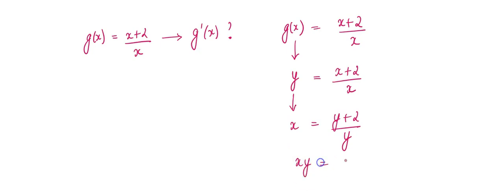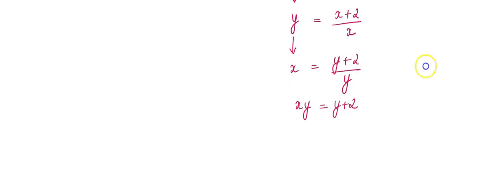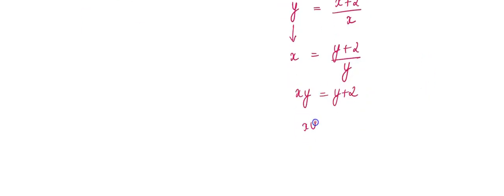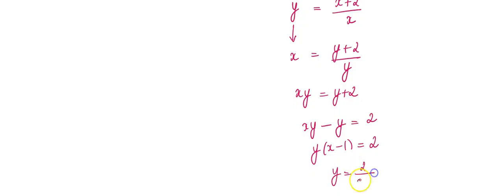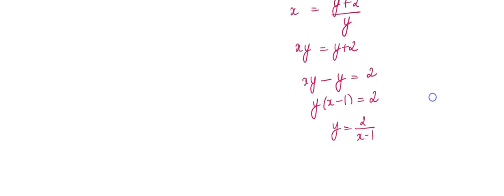Then you multiply by y on both sides, collect all the y terms on one side, and isolate the y, which equals 2 over x minus 1. So you have solved for the new y. This is the inverse of g of x.